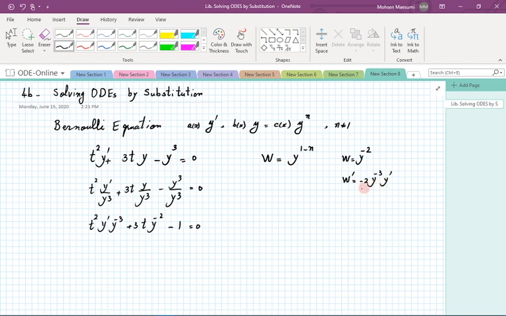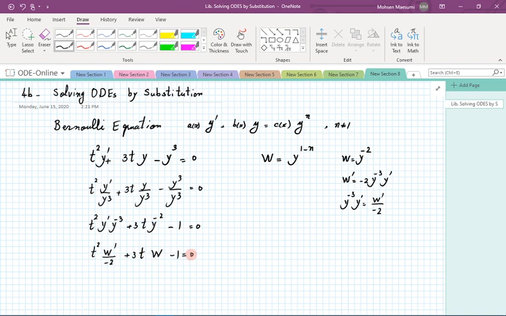So y to power of minus 3 y prime is going to be w prime over minus 2. So this expression here is t squared w prime over minus 2. Then I have 3t y to power of minus 2 is just w, and then minus 1 equal to 0.